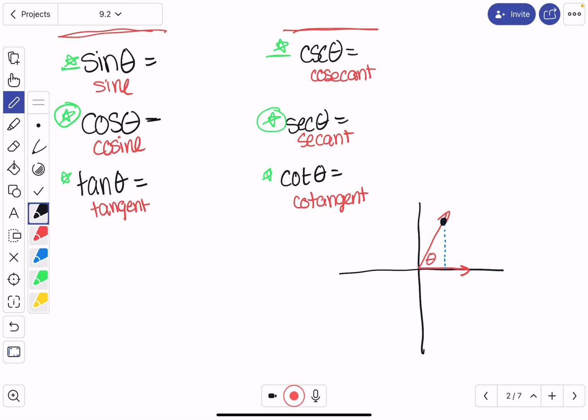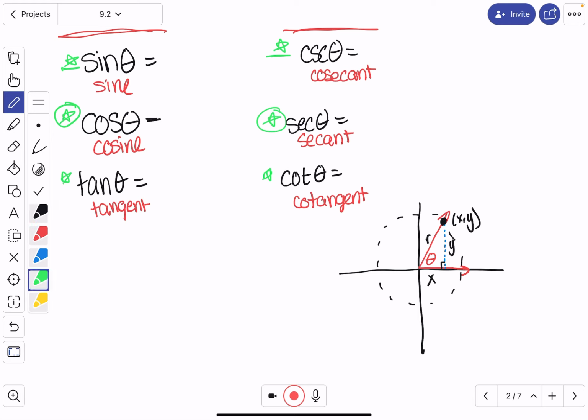If you plot a point, its coordinates are x comma y. So if you drop a line and make a right triangle, this length would be y, this length would be x, and then this is the radius of the circle that our angle would make if it moved around.